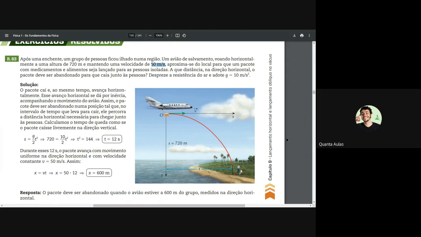So the velocity of this thing is always the same. So we can use this velocity here, put the time here, and we get the value of how many meters this thing travels in this problem, right?